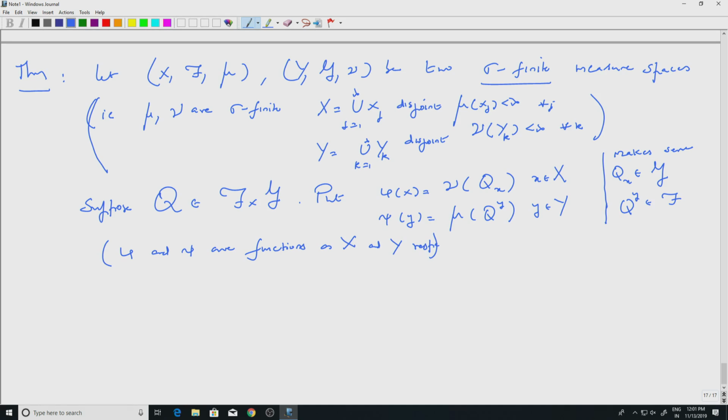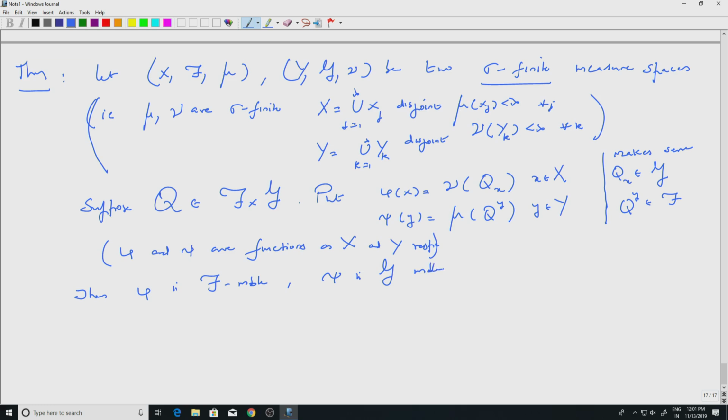Well, what do we want to say? We want to say that phi is f measurable, because phi is a function on X, so it is measurable with respect to the sigma algebra script f on X, and psi is measurable with respect to g.